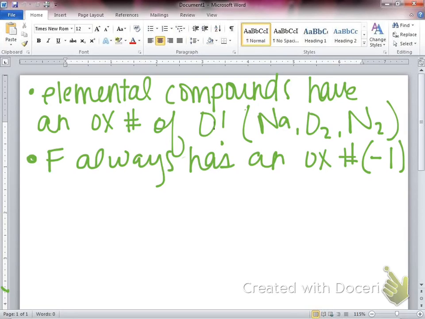So if I give you the molecule NaF, and I'm asking you to find the oxidation numbers of each element in our molecule, we know that overall this molecule has a charge of 0. So that means our oxidation numbers need to add up to 0.